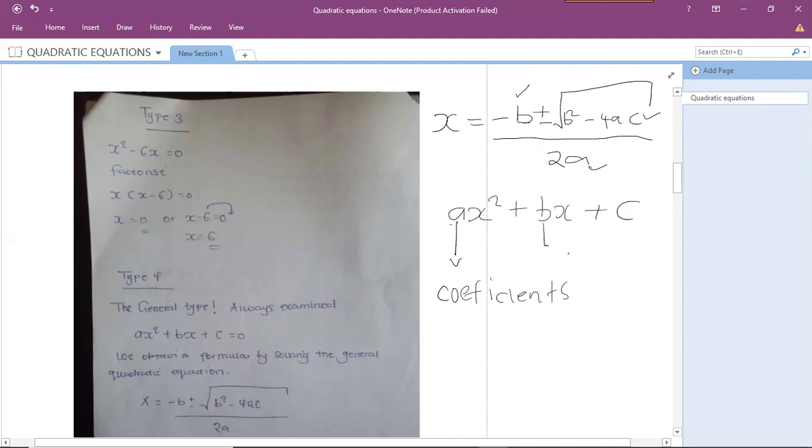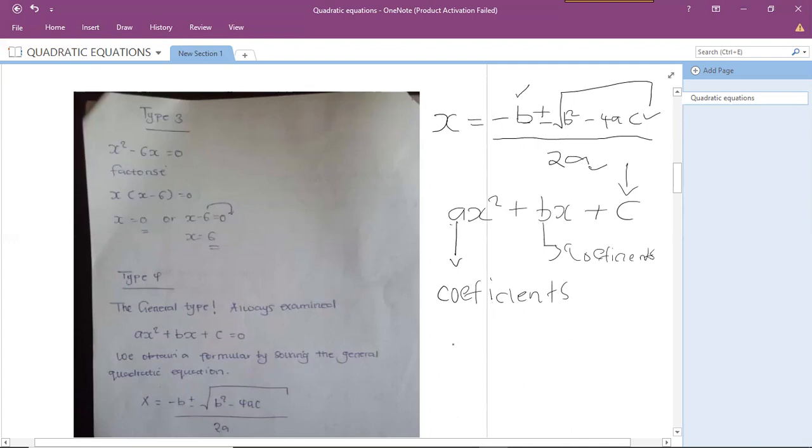A coefficient is a number that appears in front of a variable, and they are usually integers. So it can either be a negative number or a positive number. And the c is the constant term. It has no variable. There's no x there, there's no y there. It's just a standalone number.